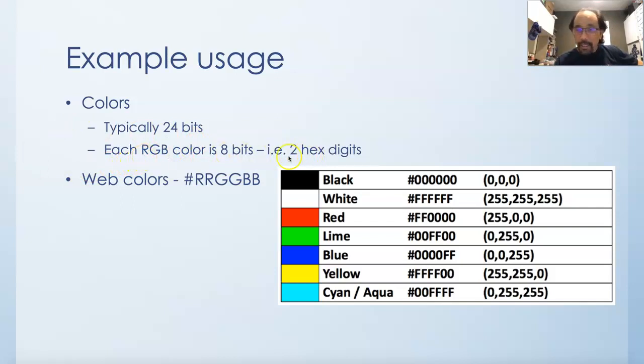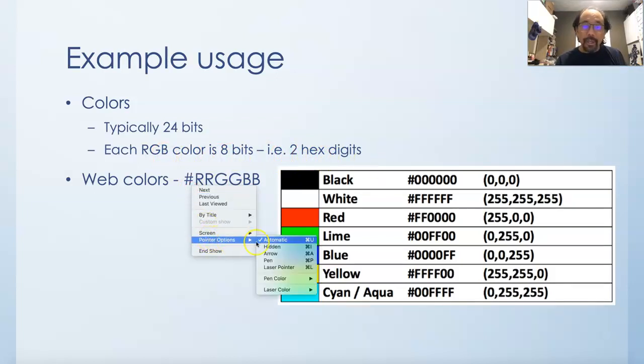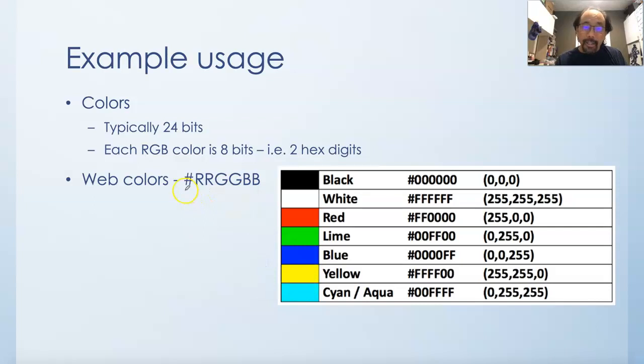Red is 2 hex digits, green is 2 hex digits, and blue is 2 hex digits. So we have some examples here. Actually, here's yet another way of indicating hexadecimal. This is similar to writing 0x, but it's just another writing convention. So we have our red component here, red, green, and blue.